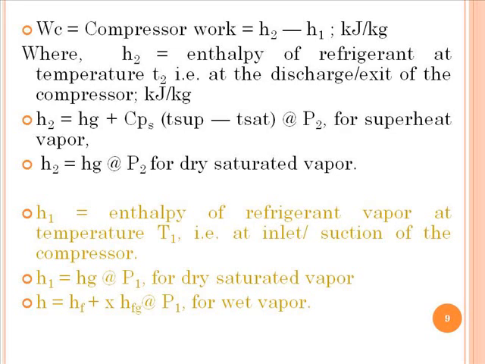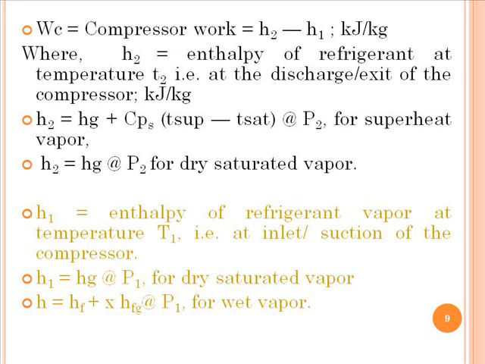And if the refrigerant vapor is superheated, then H2 is obtained with the equation H2 equals Hg plus Cp of steam into superheat temperature minus saturation temperature at P2 pressure.